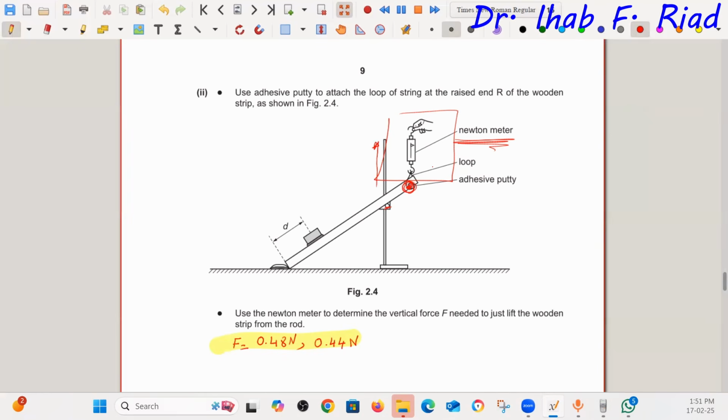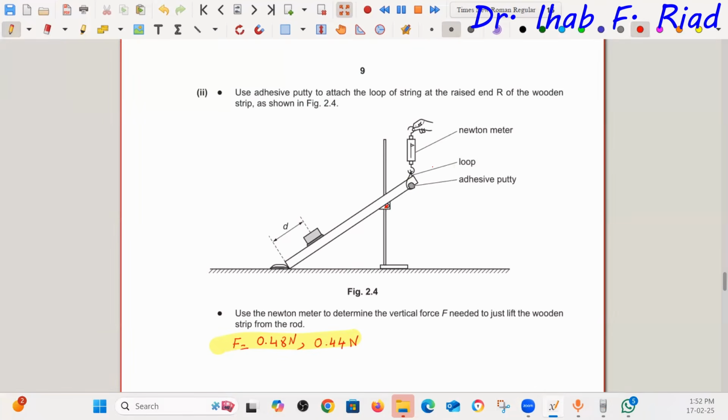So we have this setup. Can you understand this setup? Yes. Okay, so we have this piece of wood standing on this post, keeping it from falling.